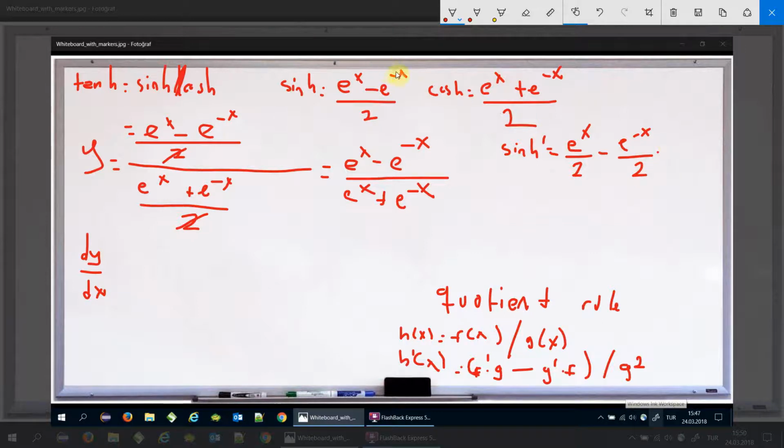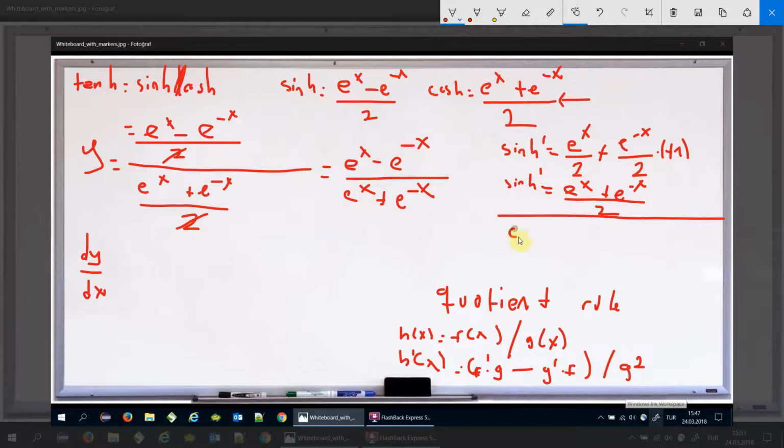But we need to calculate the minus x's derivative here, and it's equal to minus 1. And multiplying minus 1 times minus 1 would be equal to plus 1. That's why the derivative of sinh would be equal to e to the power of x plus e to the power of minus x over 2. Notice that this is equal to the cosh value. Similarly, the cosh value's derivative would be equal to sinh.